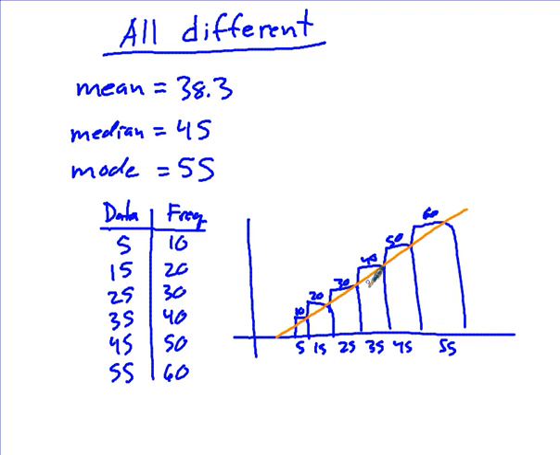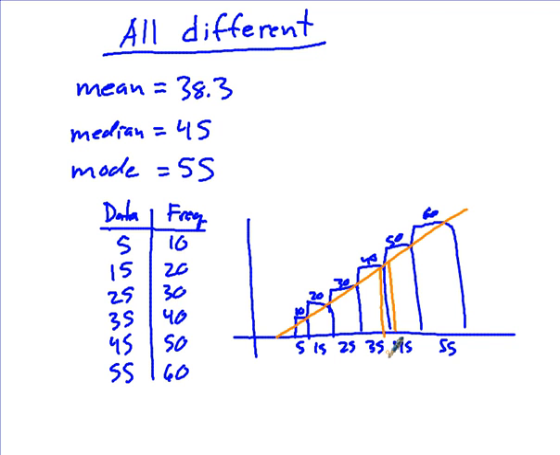And the mean and median are all spread out. The geometric middle of a triangle, the centroid, is going to be about here, which is 45. And then if you average them all together, it gets to be a little bit lower than that.